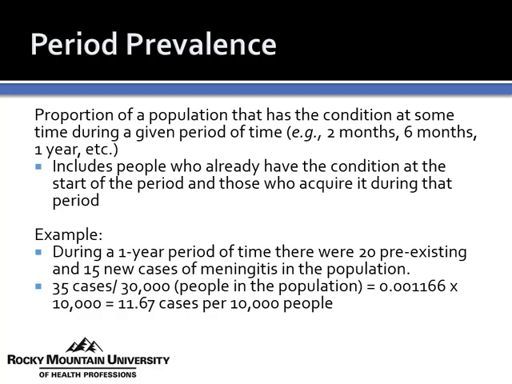Now, why wouldn't you just do an incidence study? Well, in this particular example, you would only have 15 cases instead of 35, because in an incidence study, the only people that are allowed to be monitored over that course of time are individuals that are disease-free or injury-free.